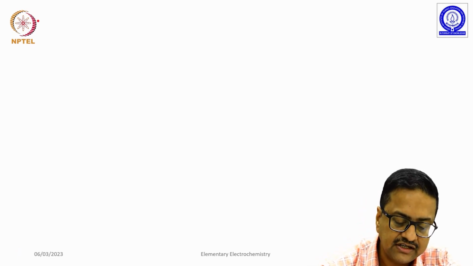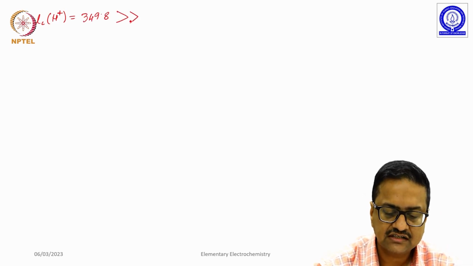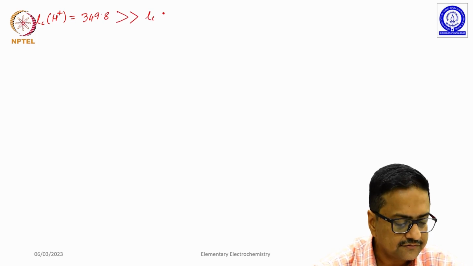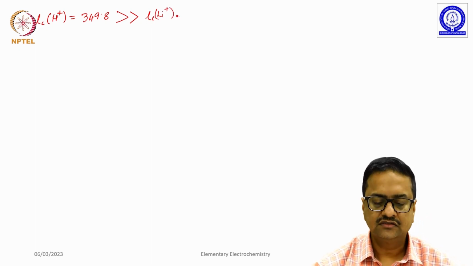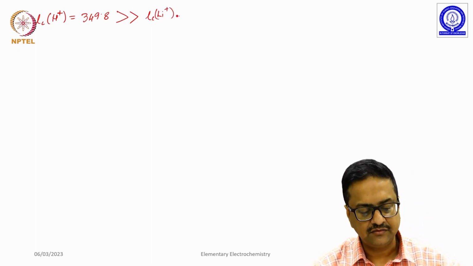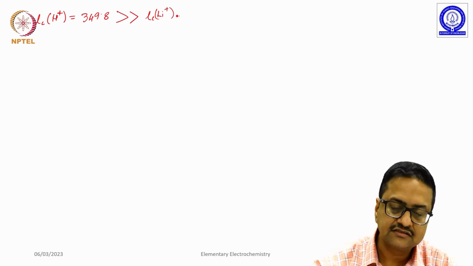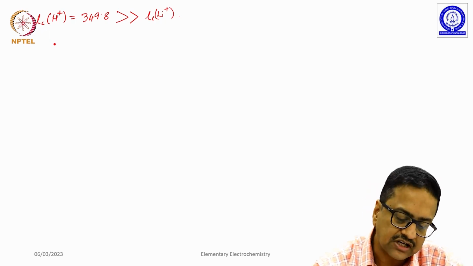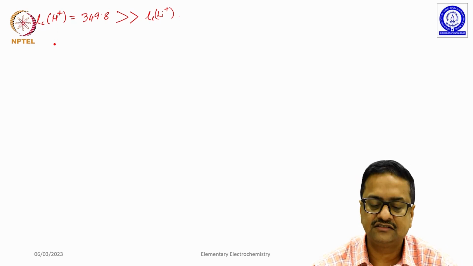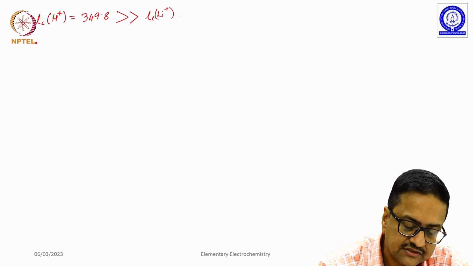As you have seen, I have written that Lc for H+ is 349.8, which is much greater than Lc of Li+, right? So this very high value of Lc for H+ is attributed to a different reason, that is how the H+ ion carries the charge from one end to another, the mechanism of that charge transfer.